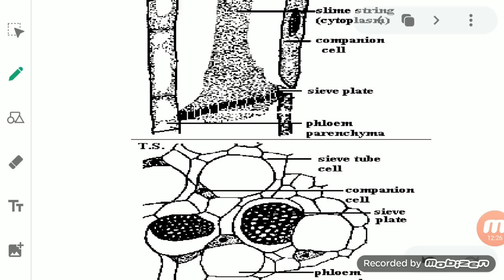Okay, so xylem and phloem are complex permanent tissues having two or more different types of cells together.